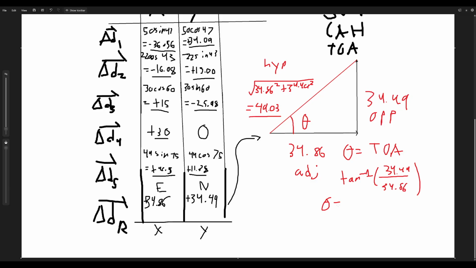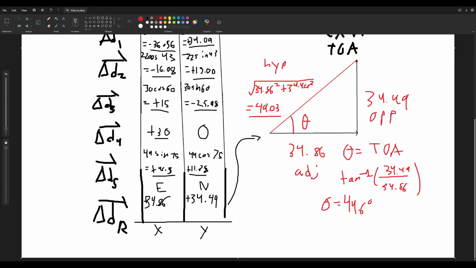If we put this in our calculator, we get roughly 44.6 degrees, and we're going to round at the end. But now we know our total displacement, so we can confidently put our final answer down here.